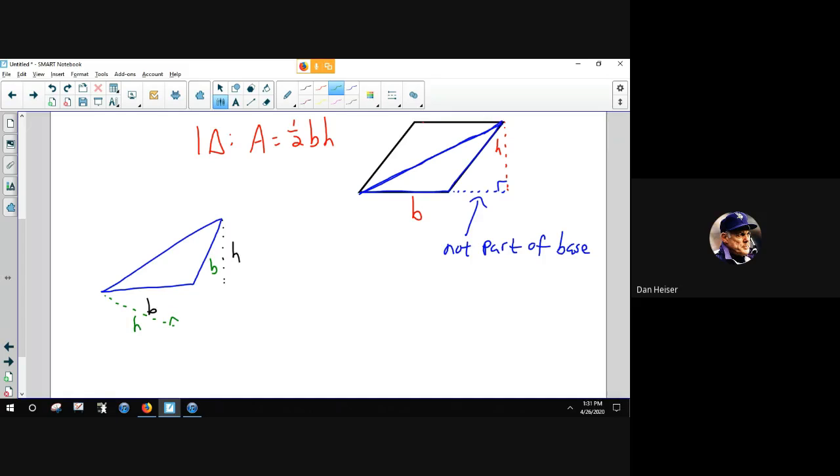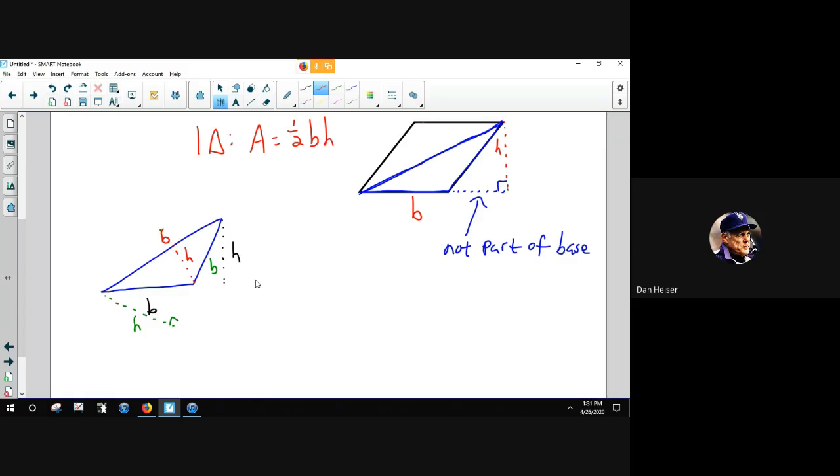And a height. Here's a base. Different color. Here's a base. And a height. Every triangle has 3 sides, so every triangle has 3 bases. Every triangle has 3 altitudes, so every triangle has 3 heights.